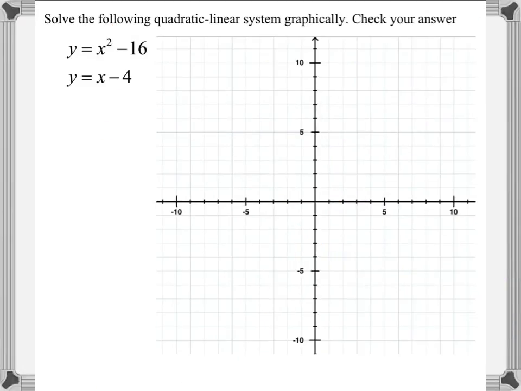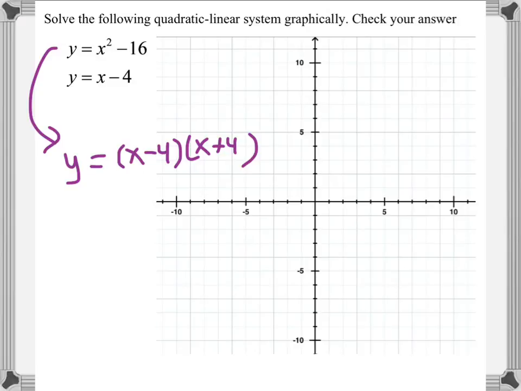Okay, for the next one, the top quadratic equation can be factored. So y is equal to (x minus 4)(x plus 4), because it's a difference of squares.